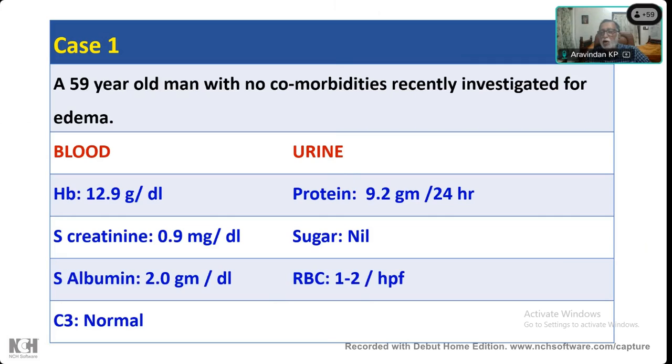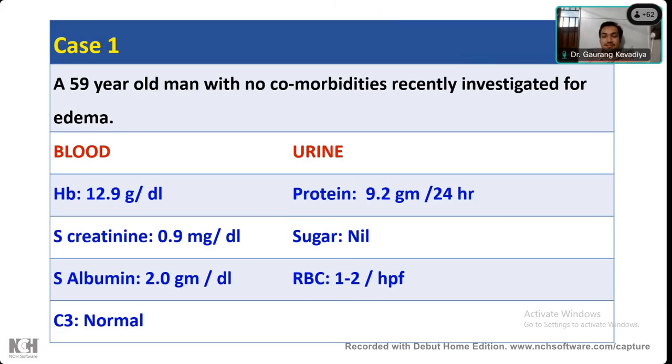Dr. Gowda. So this is a 59-year-old man with no comorbidities, recently investigated for edema. And these are the main investigation findings. So what is your conclusion from this? Based on investigations, in the blood we can see low serum albumin.